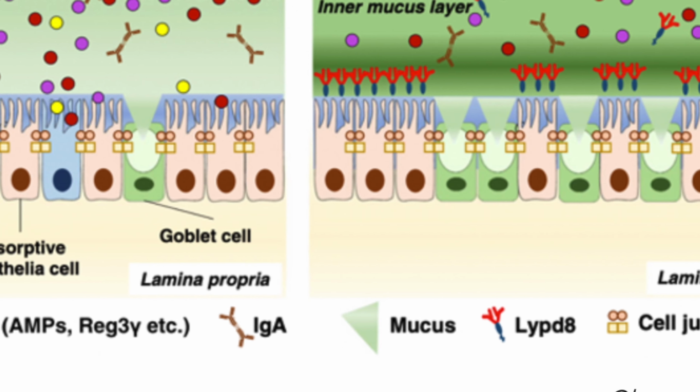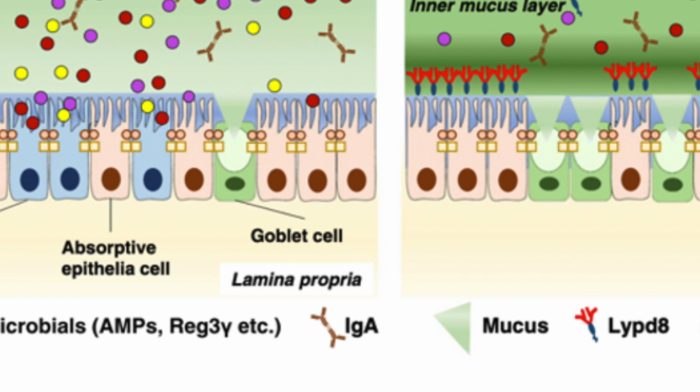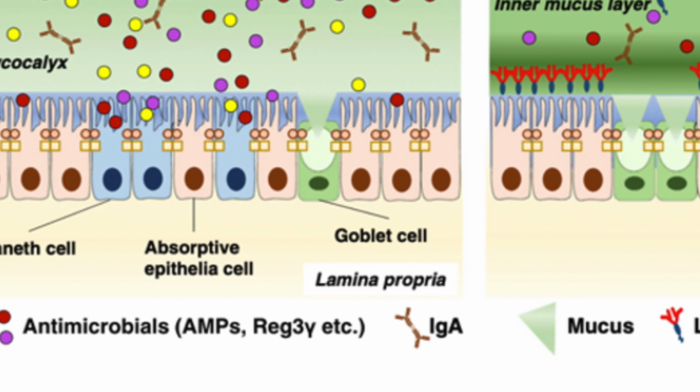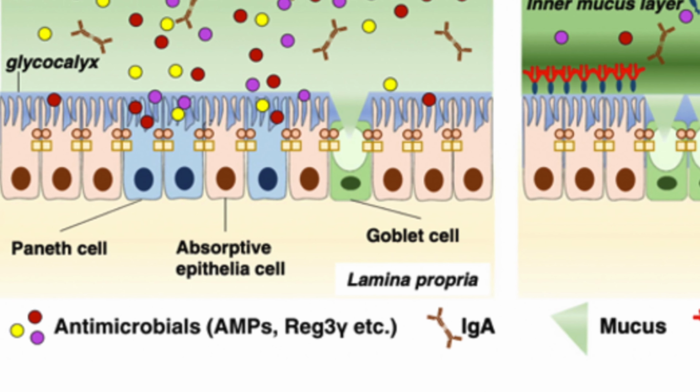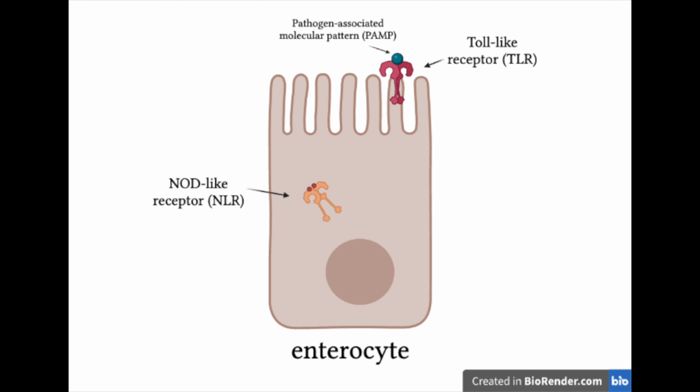IECs can react to noxious stimuli by secreting chloride and antimicrobial peptides, such as beta-defensins and Reg3. They recognize prokaryotic-associated molecular patterns, or PAMPs, with toll-like receptors, or TLRs, that are expressed on their cell surface, as well as nucleotide-binding oligomerization domain, or NOD-like receptors, which are expressed in the cytoplasm.